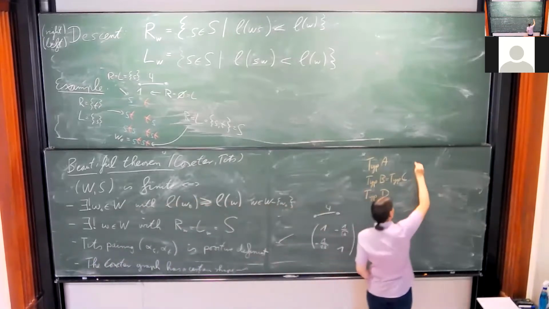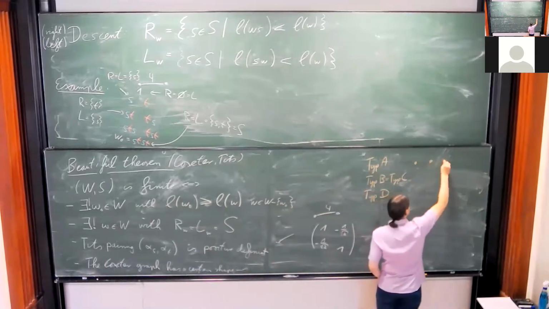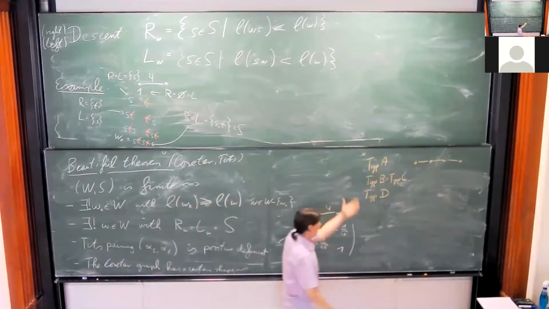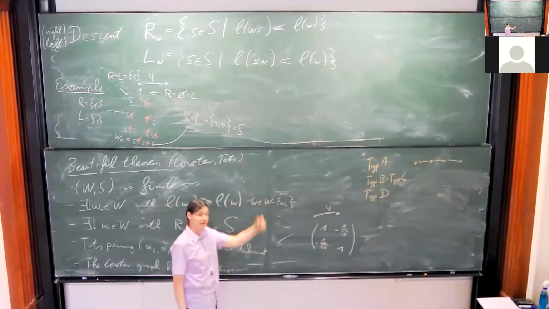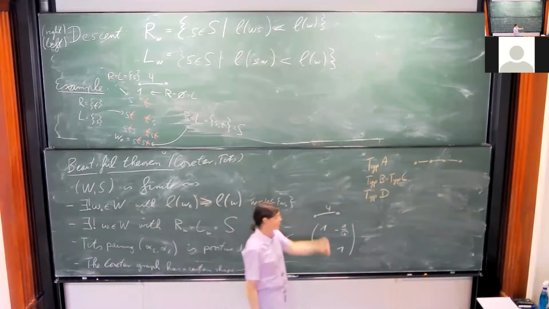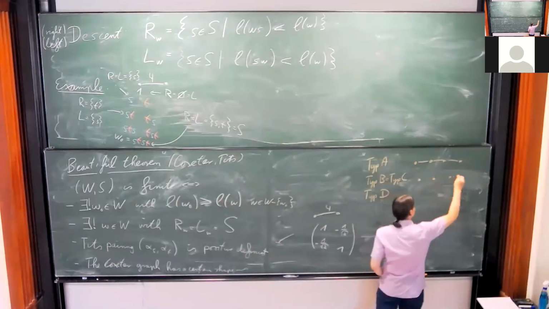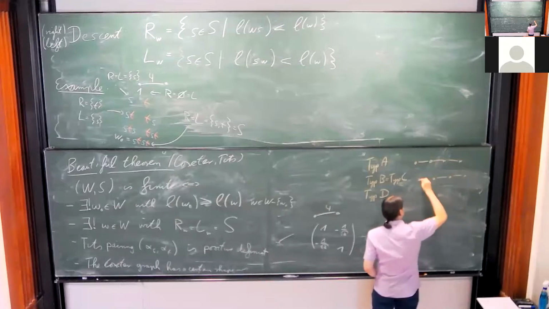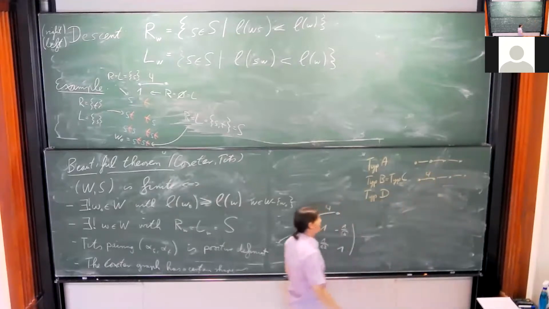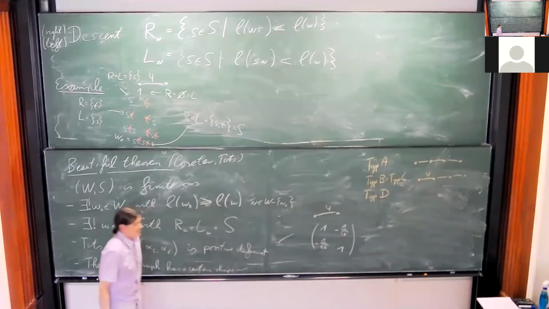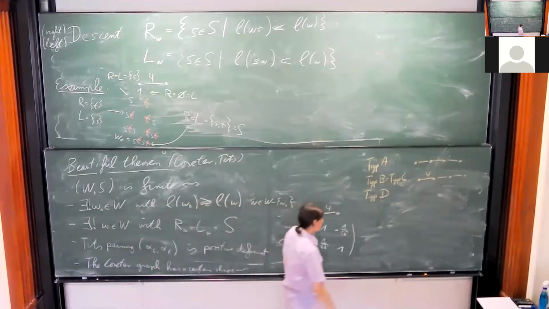The type A graph is the following. It's exactly what we have seen. It's a line, and it exists for any number of vertices. Here's the one with 4 vertices. The type B one looks exactly the same. It's a line, but one of the vertices has a slightly different label, just label 4.